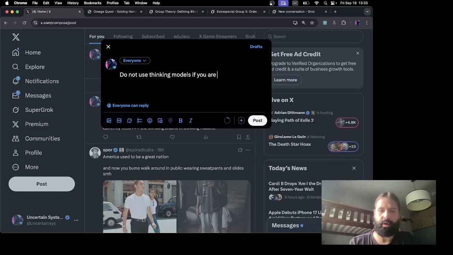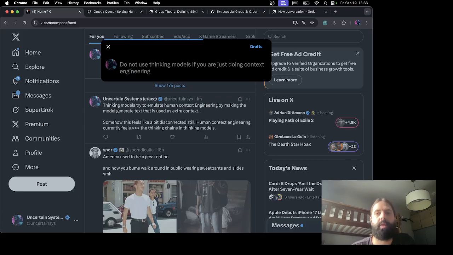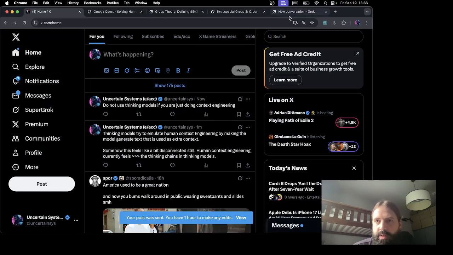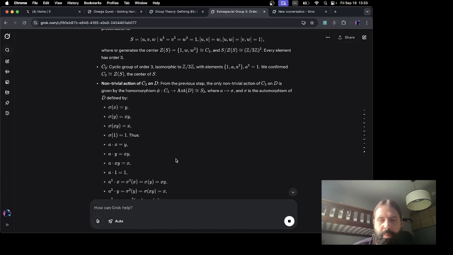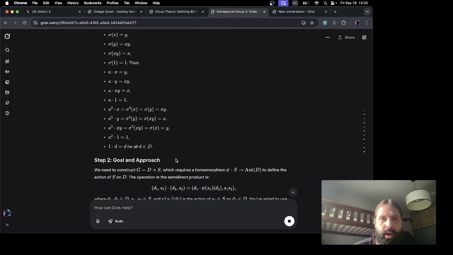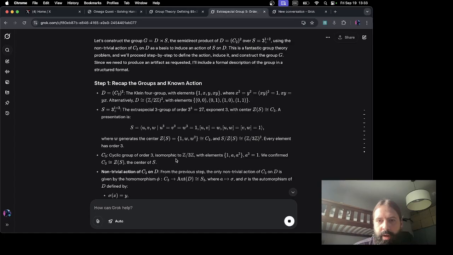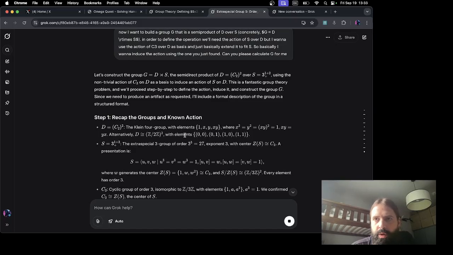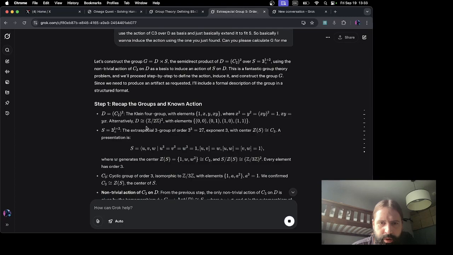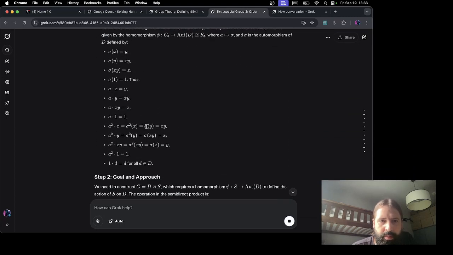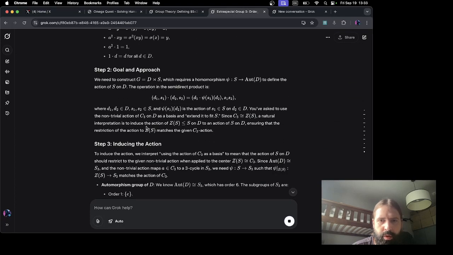I think that is true, because the point is you want them to run very isolated steps. You know what I mean? So let's construct the group G, recap the groups and the known action. Step goal and approach.